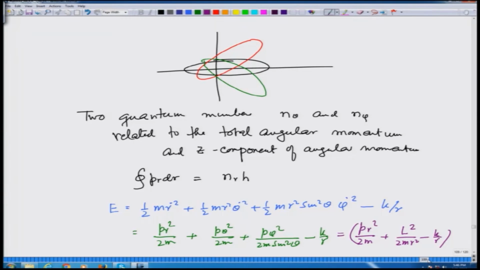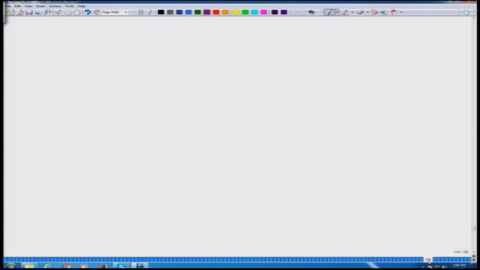So, I have the energy given as P r square over 2m plus L square over 2 m r square minus k over r.